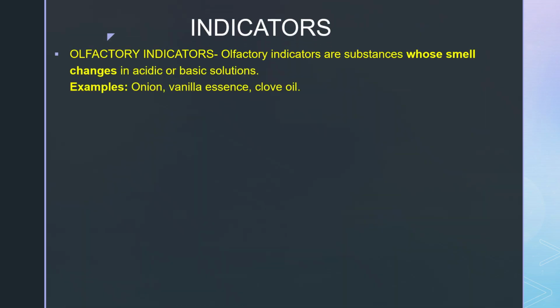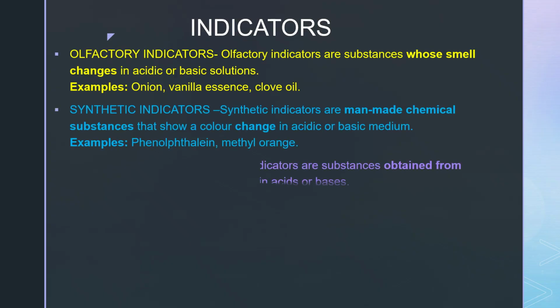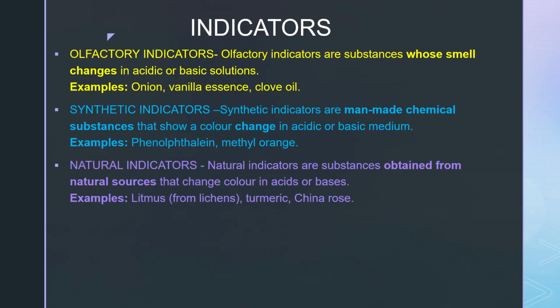Okay, let's move to the next topic, that is indicators. Very important topic of this chapter. There are three types of indicators. First is olfactory indicator, second one is synthetic indicator, and the third one is natural indicators.